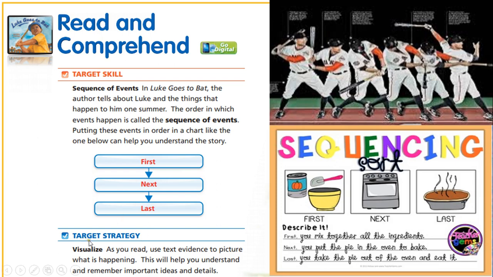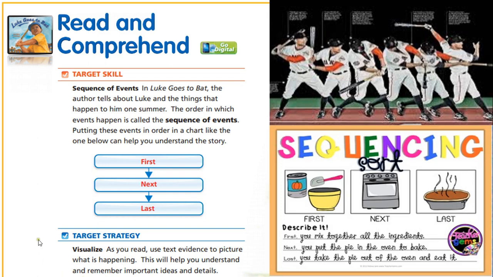Okay, the target strategy. We need to visualize. What does it mean, visualize? We all have the sense of vision. When we say visualize, visualize is the verb that is derived from vision, the noun.